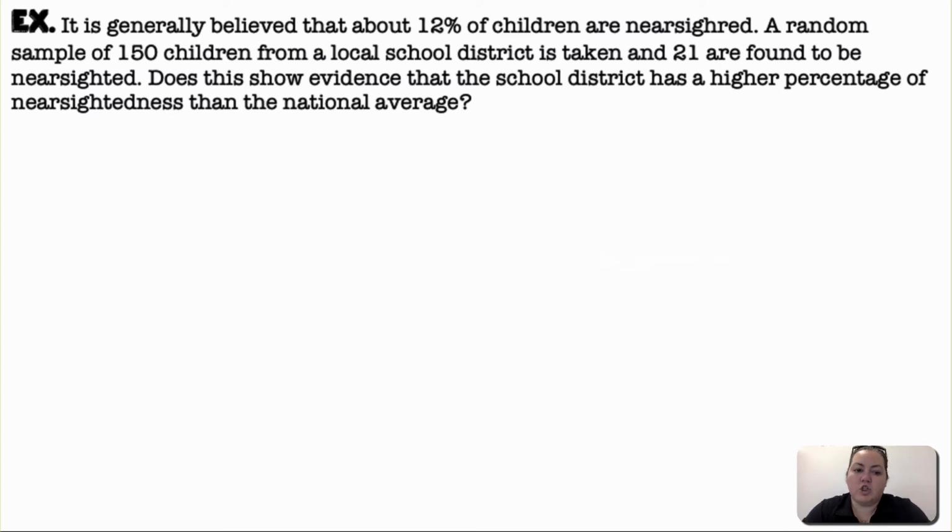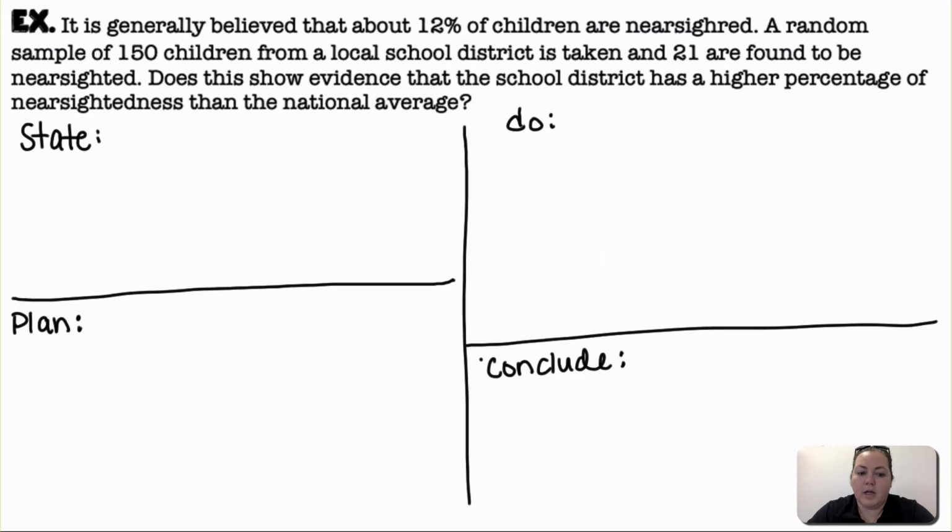It is generally believed that about 12% of children are nearsighted. A random sample of 150 children from a local school district is taken, and 21 are found to be nearsighted. Does this show evidence that the school district has a higher percentage of nearsightedness than the national average? We're going to follow our state, plan, do, conclude process.